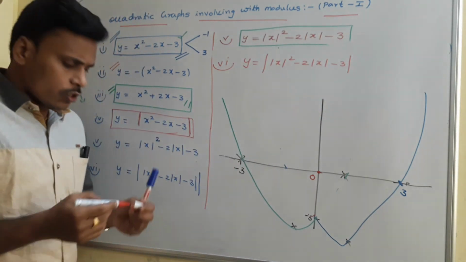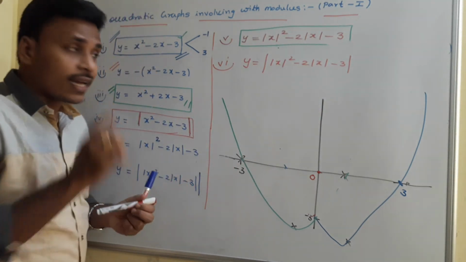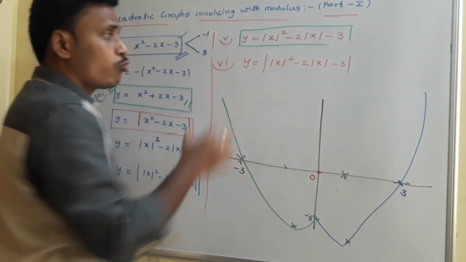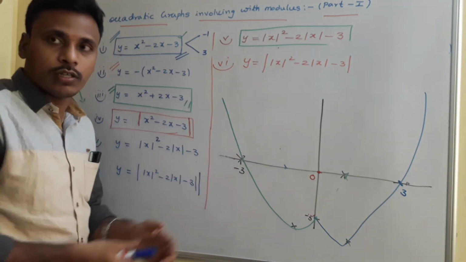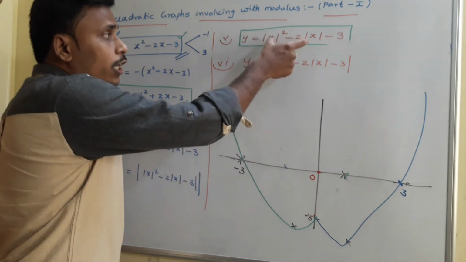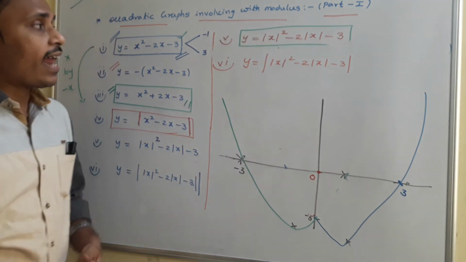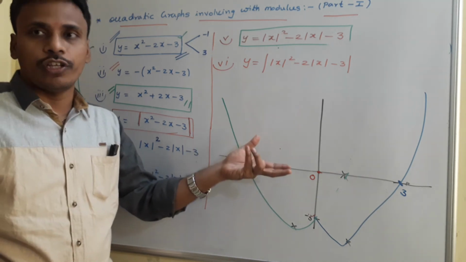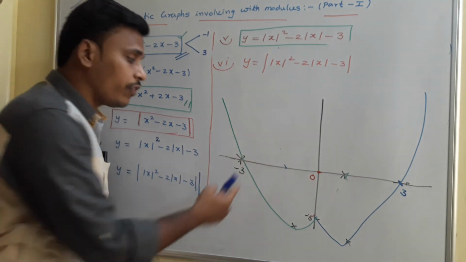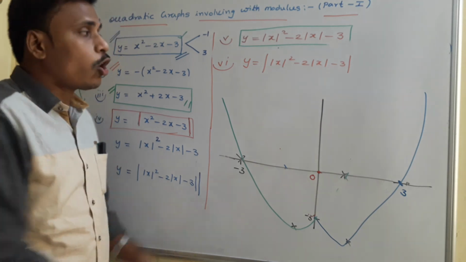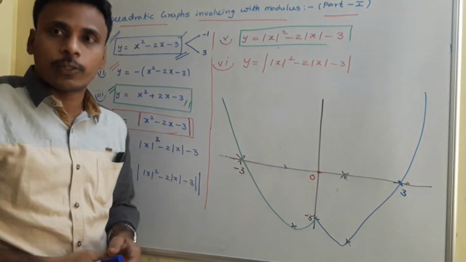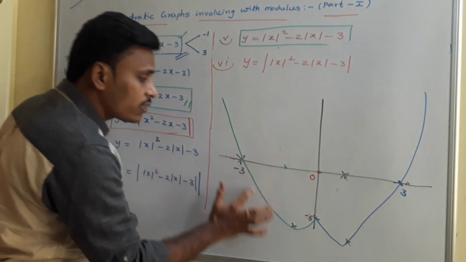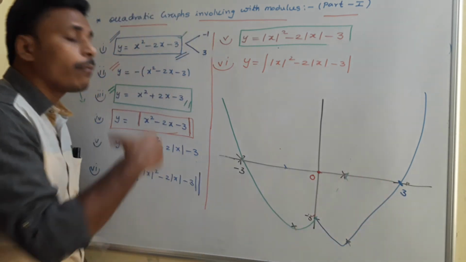You need to flip the graph of the fifth one about the x-axis to the positive region. You can't get the graph in the negative region, because you have modulus on the overall expression, and that's why these negative values also will become positive.